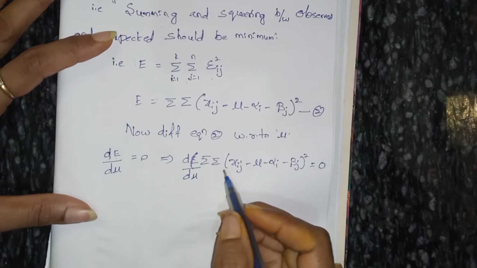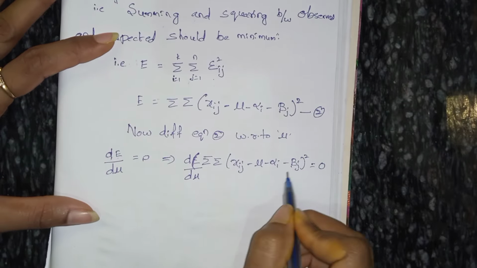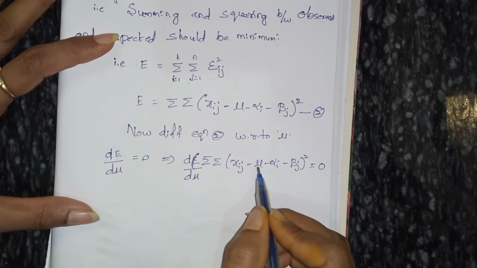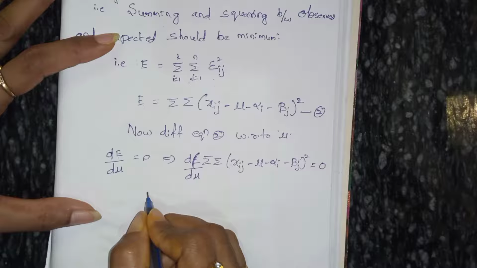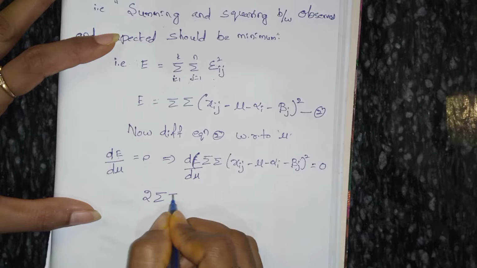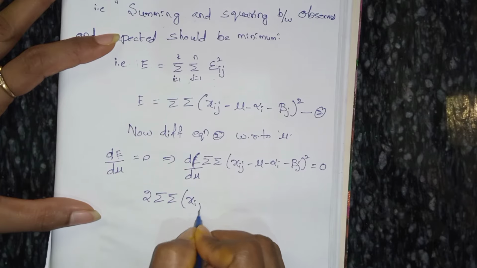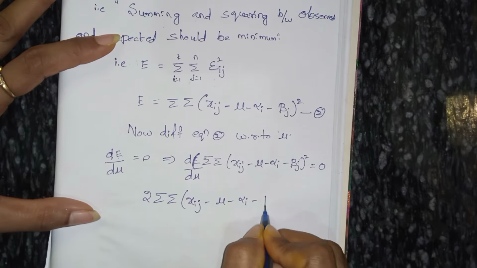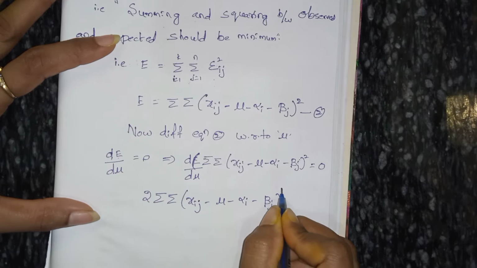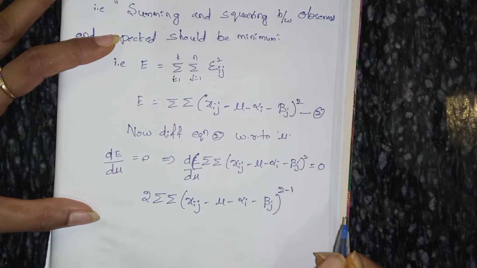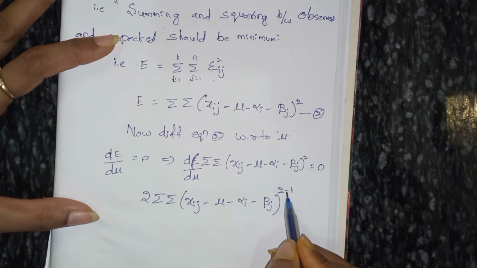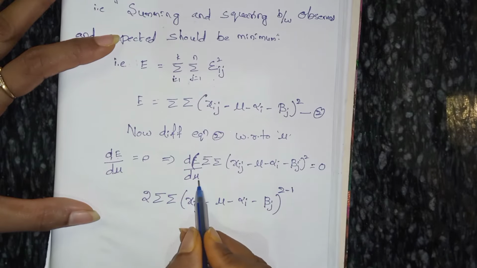So this is in the form of x square. What is the differentiation of x square? It is nothing but 2x, so 2 into double summation xij minus mu minus alpha i minus beta j whole to the power of 2 minus 1. We are doing this with respect to mu.